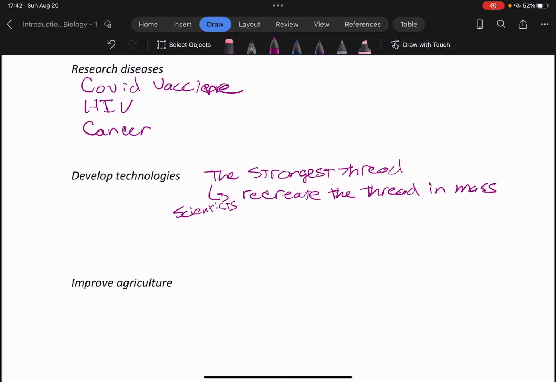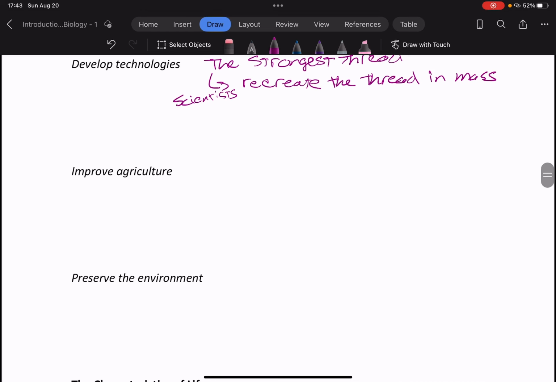The thread these spiders make is stronger than Kevlar and would be amazing, but right now spiders are the only thing that can produce it, and a spider cannot produce enough thread to make even one of anything. Even with 1,000 spiders, they wouldn't make enough for even a glove. So it's very hard to make, but they're trying to recreate that now.